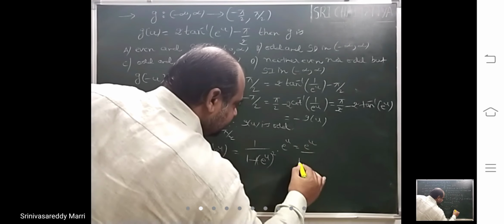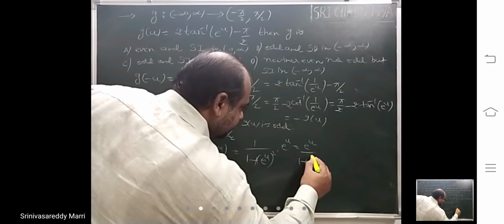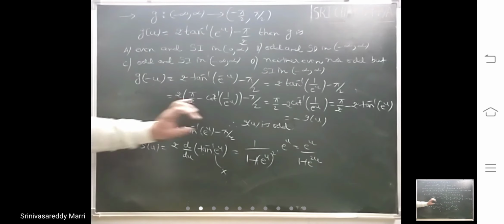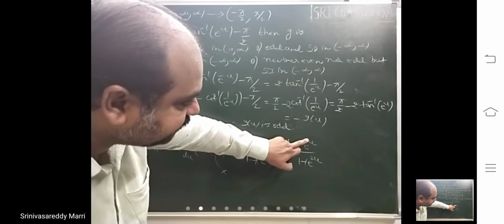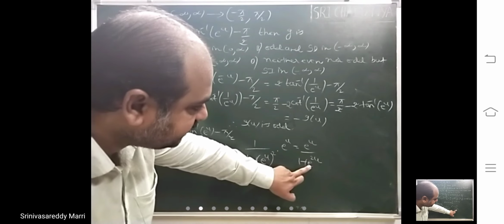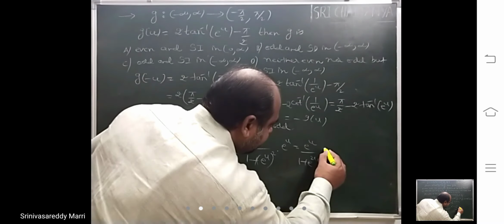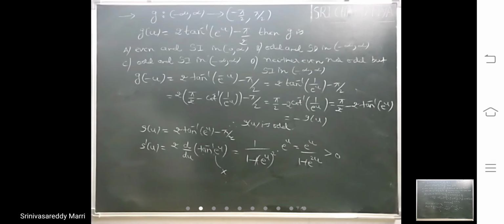So that means you are getting e power 2u. Exponential function will always be positive. Numerator is positive, 1 is positive, e power 2u is positive. That means the derivative is always greater than 0.